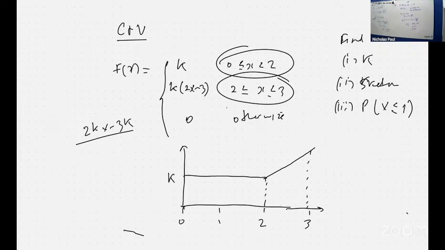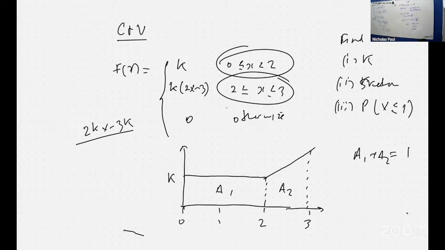Now, how do I find k? In order for me to find k, I could find the area here and the area here. And when I add up both areas, I will end up with 1. Or I could integrate, but it's a straight line, so you don't really have to integrate.